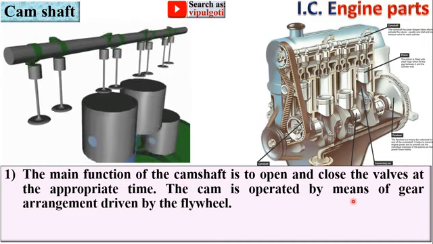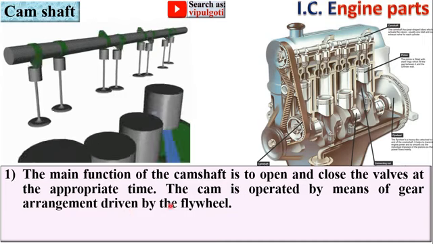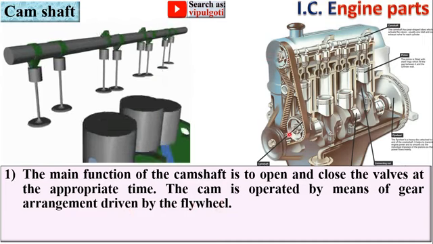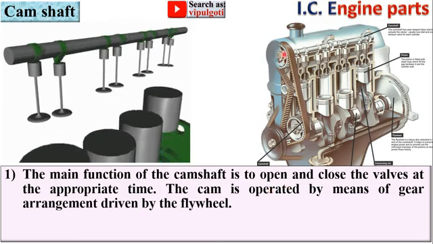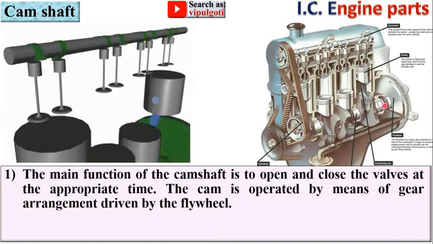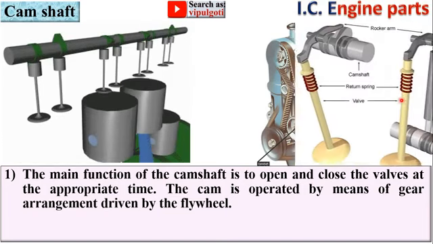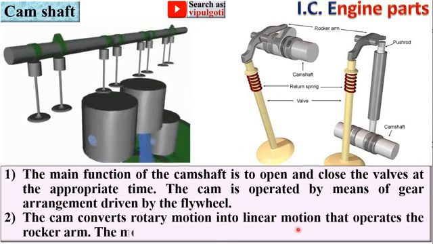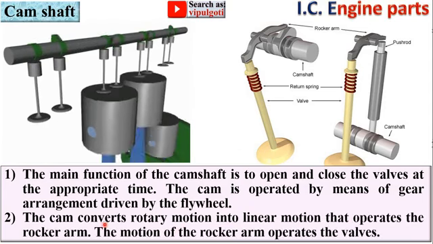The cam is operated by means of gear arrangement driven by the flywheel. So here you can see this camshaft is operated by means of gear arrangement and timing belt, and that is driven by means of the flywheel. Next, the cam converts rotary motion into linear motion that operates the rocker arm.